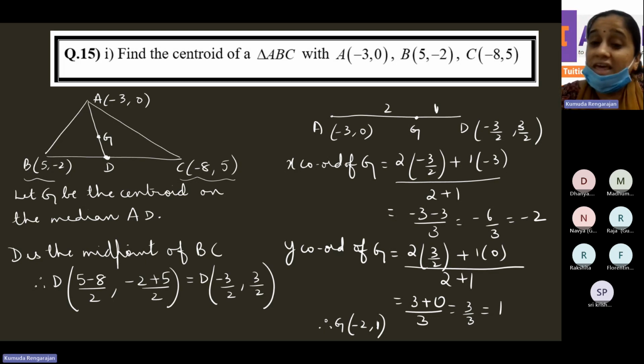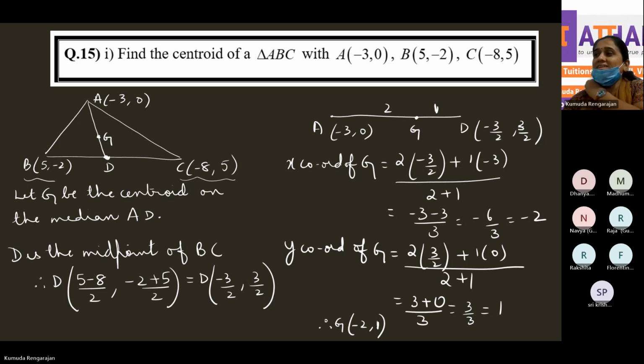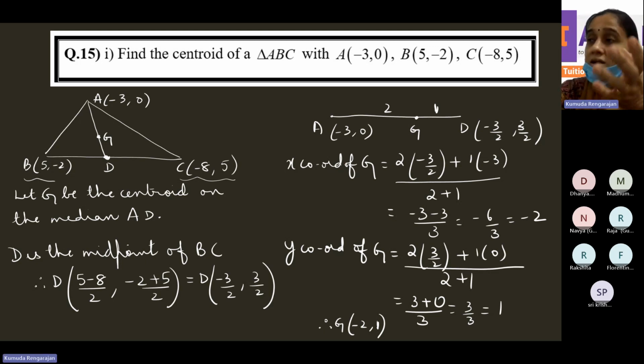The formula to find the x coordinate of G is m x2 plus n x1 by m plus n. So it is 2 into x2 plus 1 into x1, by 2 plus 1.